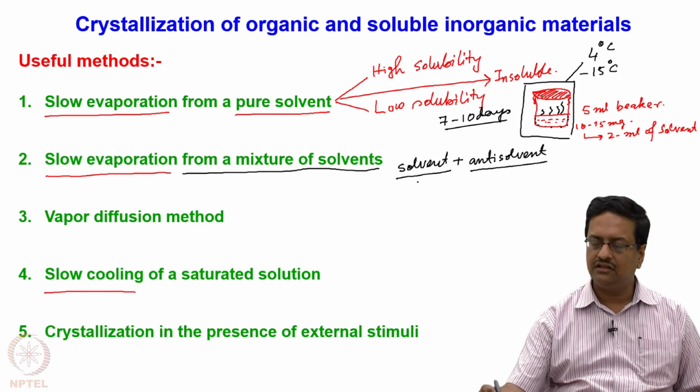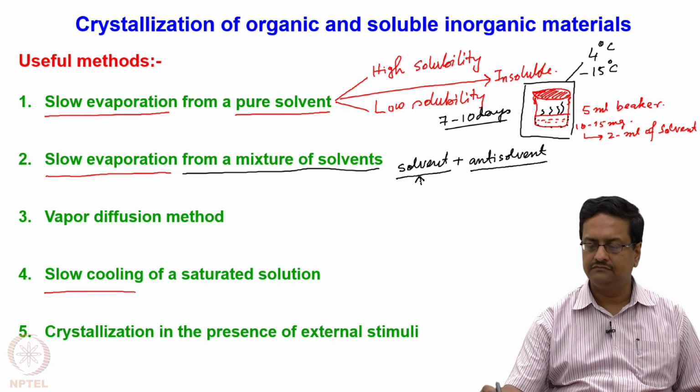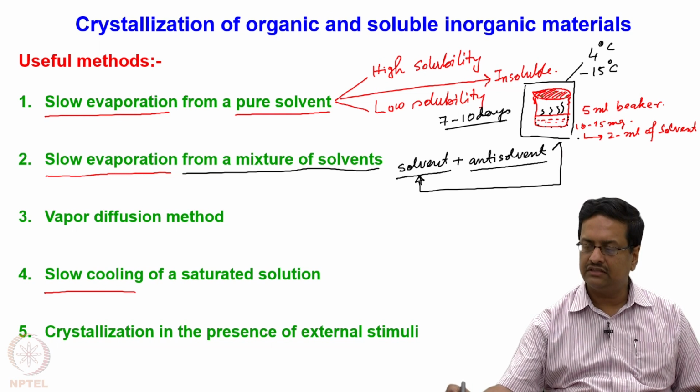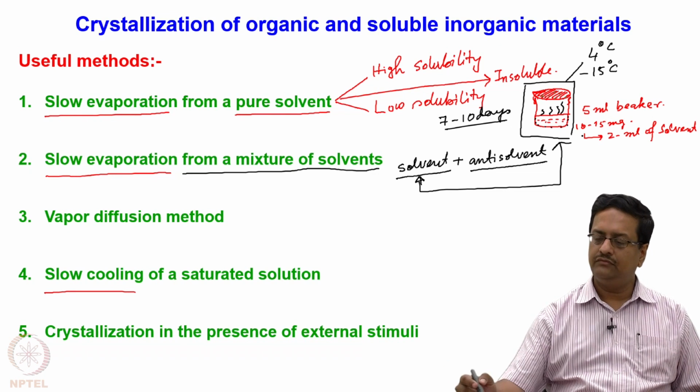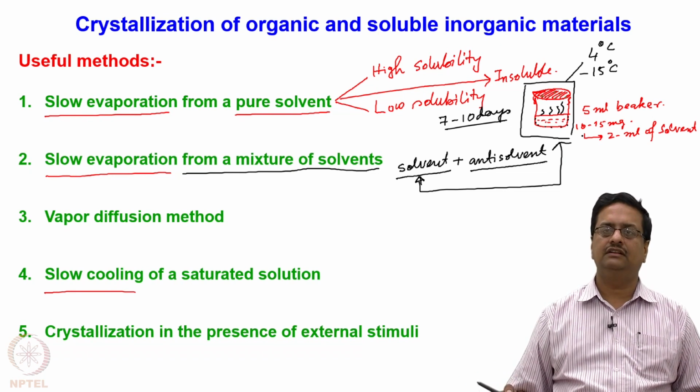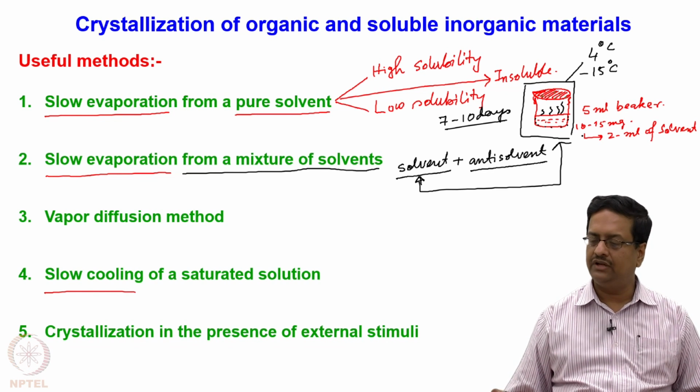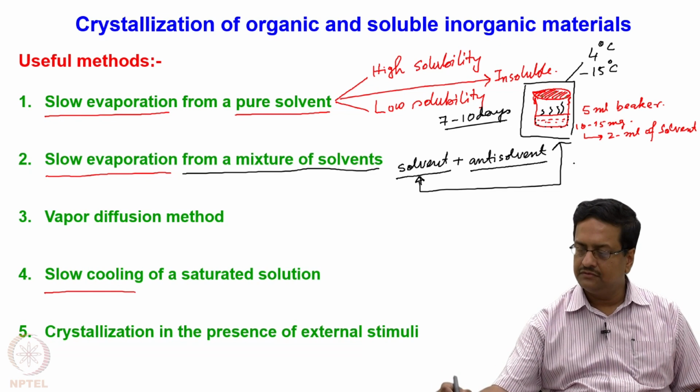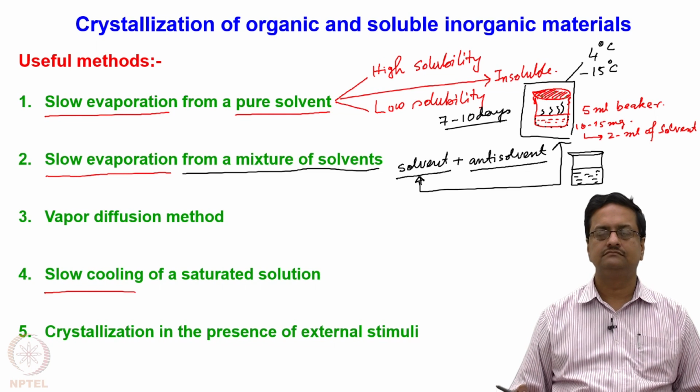We first dissolve the compound in a solvent in the same manner as previously, and then we add the anti-solvent to the same solution and mix them well. So what we now have is a solution of our compound in a beaker in two different solvents.